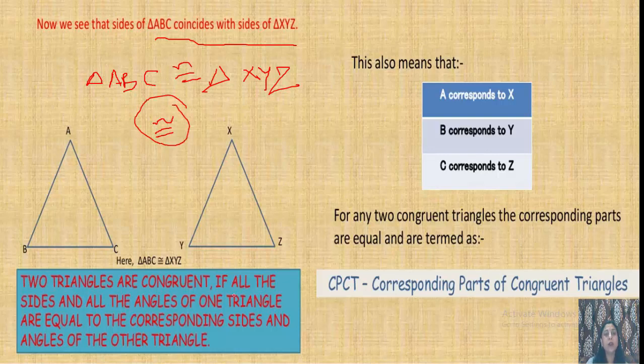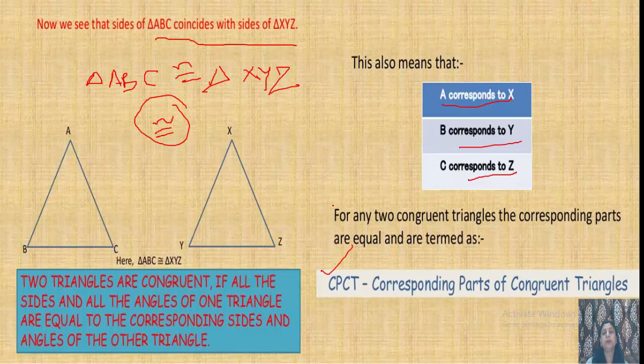The two triangles are congruent if all the sides and all the angles of one triangle are equal to the corresponding sides and angles of the other triangle. This also means A corresponds to X, B corresponds to Y, and C corresponds to Z. So for any two congruent triangles, the corresponding parts are equal and are termed as CPCT.